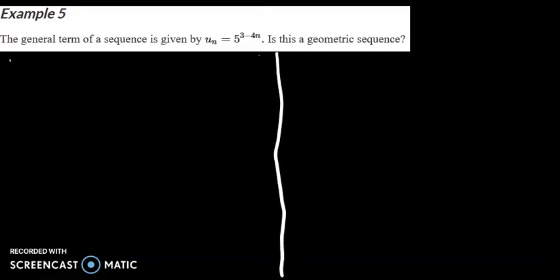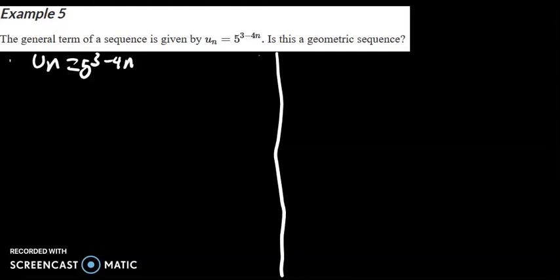Our fifth example, the general term of a sequence is given by this. So that's our general term right here. Is this a geometric sequence? How can we solve this?